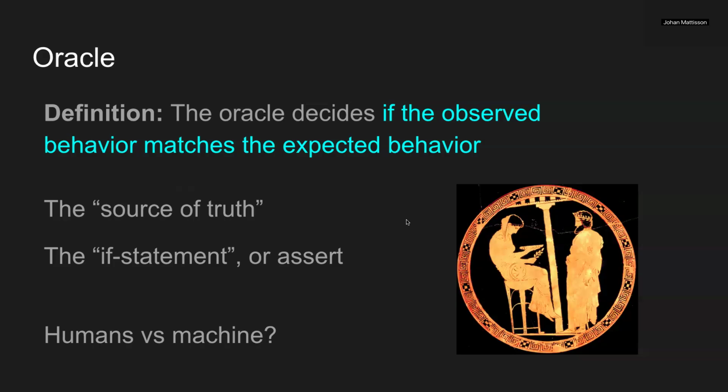For example, you could be fine with it from your oracle perspective, and I can say, no, it's not. So it depends on what we're looking for when we test. This can vary a bit, but in the end, someone has to decide if it's correct or not.